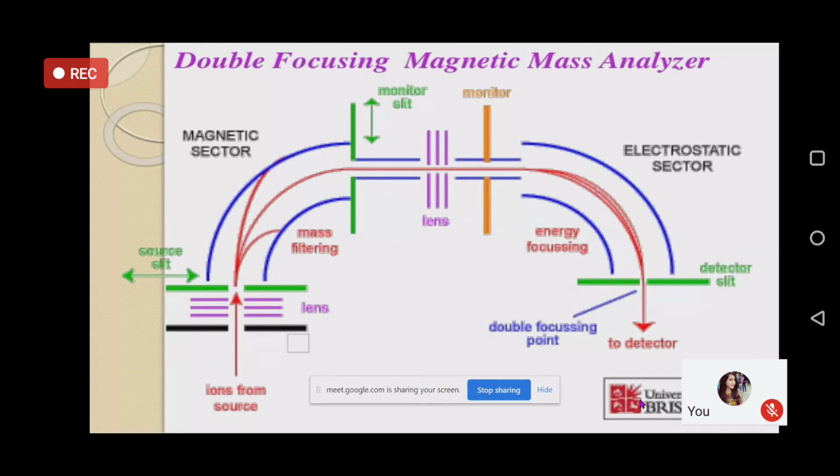As I told you, in this situation, you may have different fragments moving with different velocities, and even fragments with the same M by Z may not possess the same velocity. So when the ion beam enters the curved electric field, only ions with a particular velocity v will be able to transfer themselves to the chosen path and reach the slit at the center of the diagram.